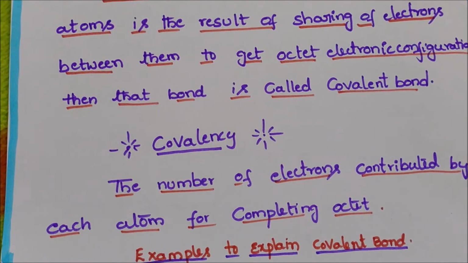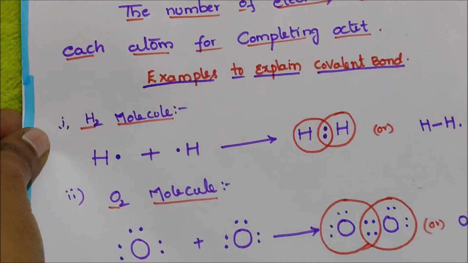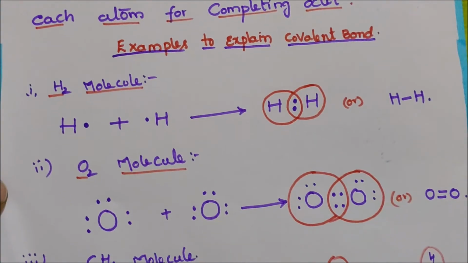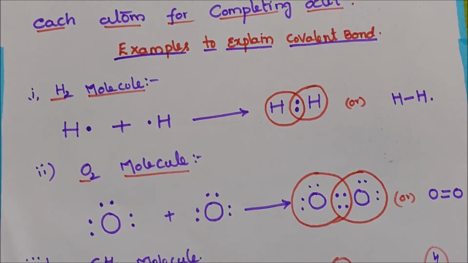Now, examples to explain covalent bond. The first one is the hydrogen molecule. Hydrogen molecule can be formed by two hydrogen atoms, each hydrogen carrying one electron in the orbit.